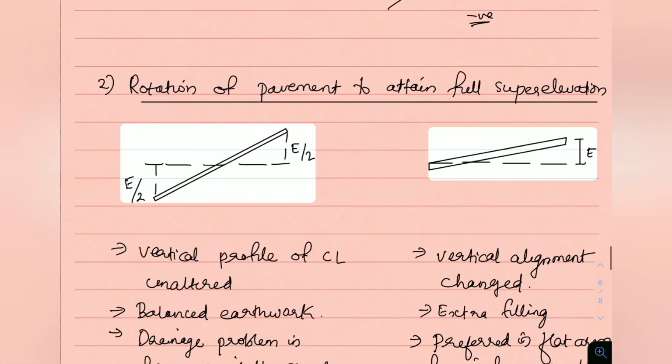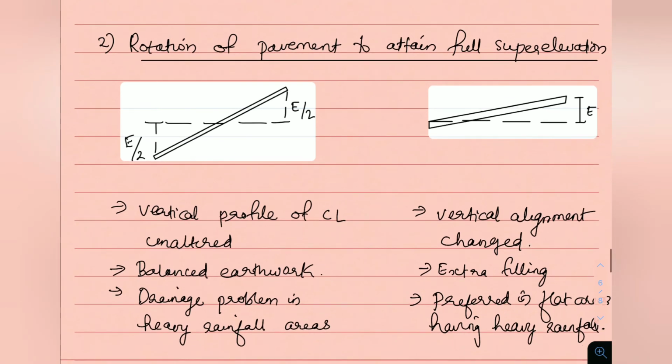Now the next one is rotation of pavement. Here the central point is changed, that is, it is higher here. The vertical profile is unaltered at this point, the vertical center point.